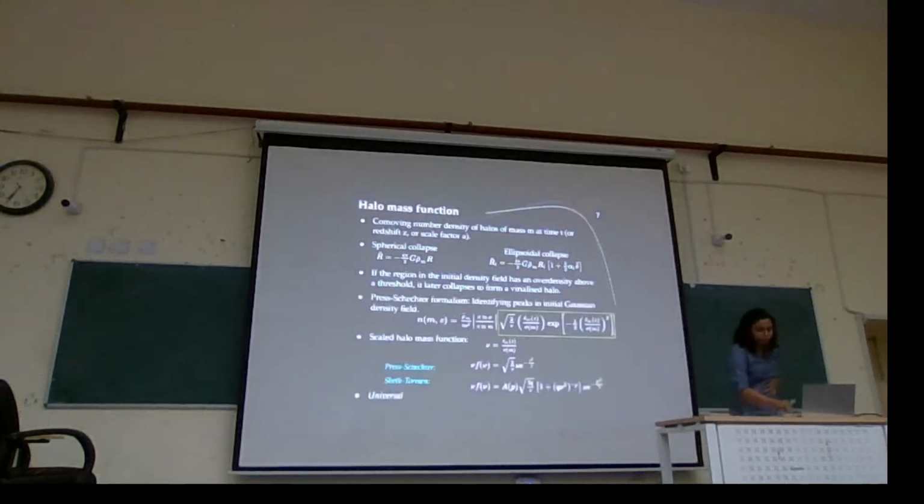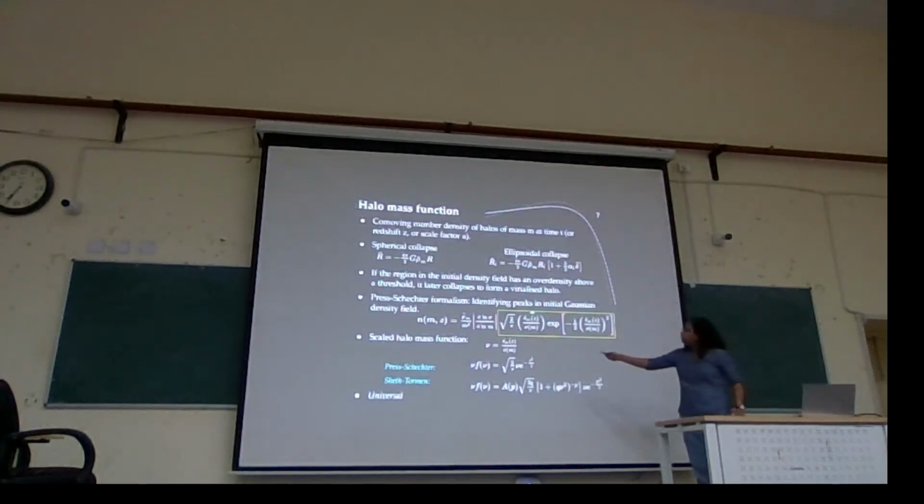When you do that, you get the number density of halos as a function of mass and time, something like this. This is the delta_sc, which depends on time, the threshold value within the perturbation that I was talking about.